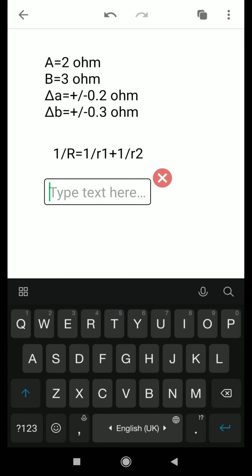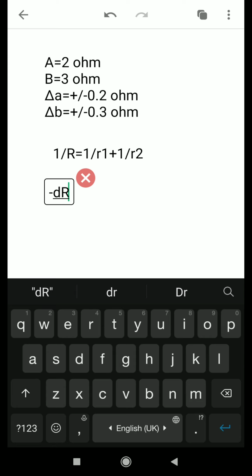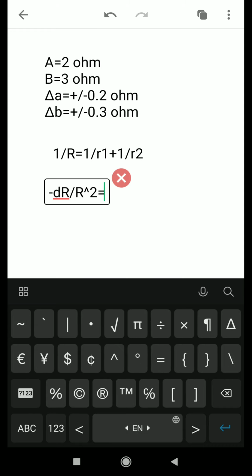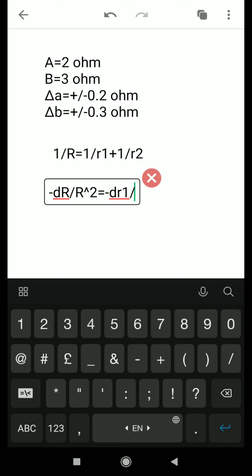Taking differentials on both sides, we get minus dR by R square equal to minus dR1 by R1 square minus dR2 by R2 square.